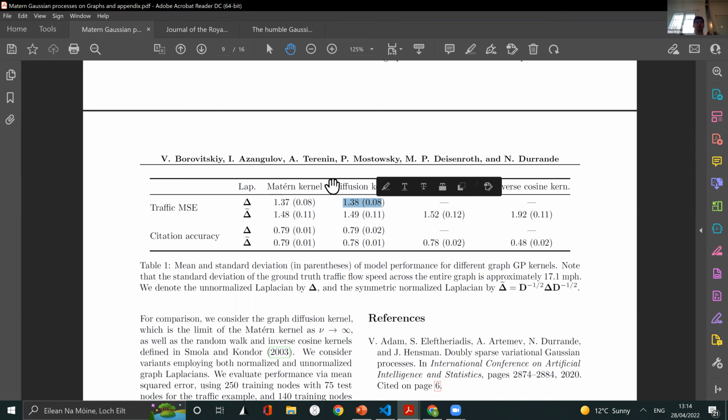Because I guess the smooth function can capture everything that the non-smooth function could capture. And that's because these graphs that we're dealing with are sparse, or that could be one idea as to why they both work as well as each other, I think.